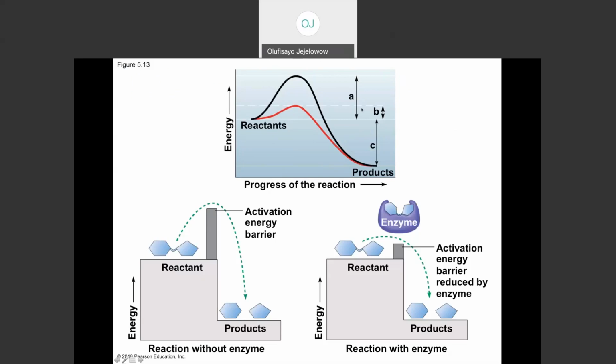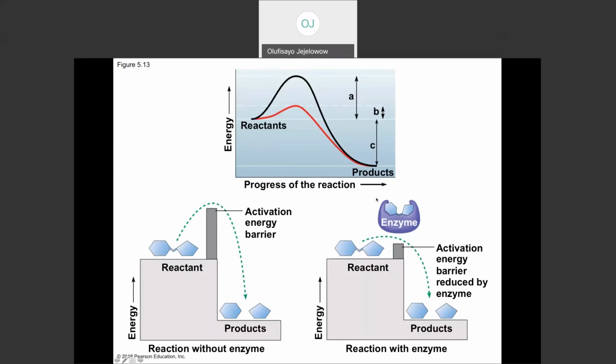It's greatly reduced from activation energy A to B. There's a great reduction, causing the reaction to take place much more rapidly, speeding up the rate of reaction. So, reactant: this is without enzyme, this is the activation energy needed. With the enzyme, this is the activation energy.